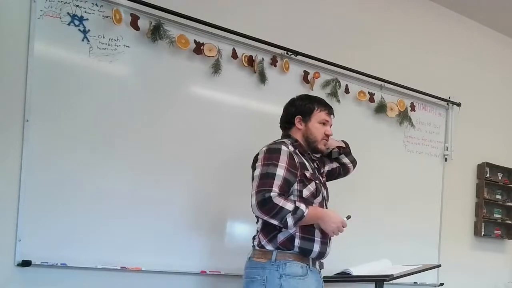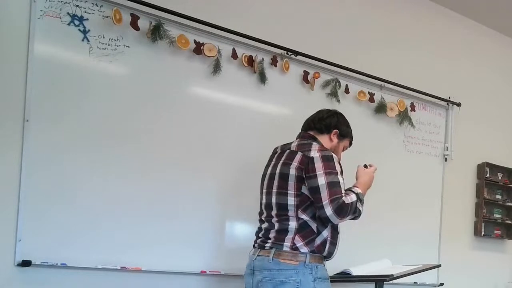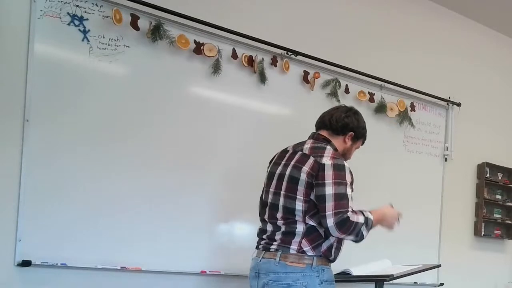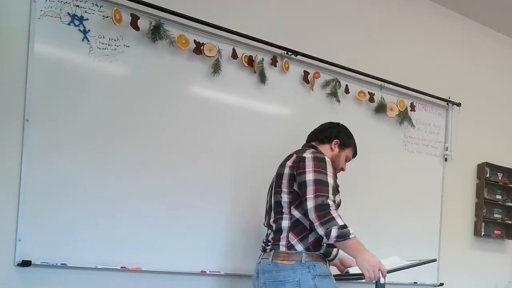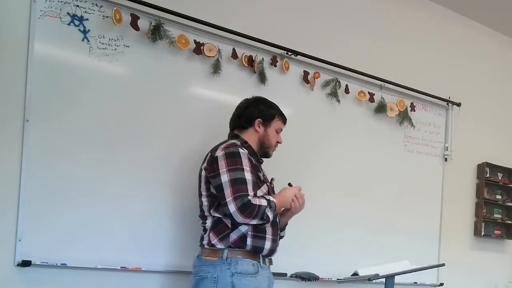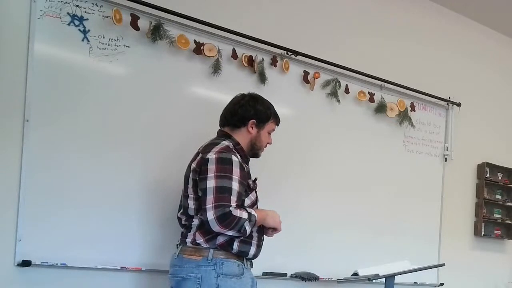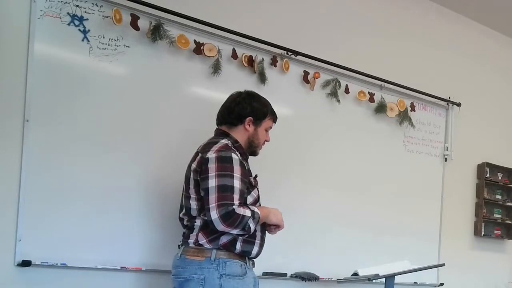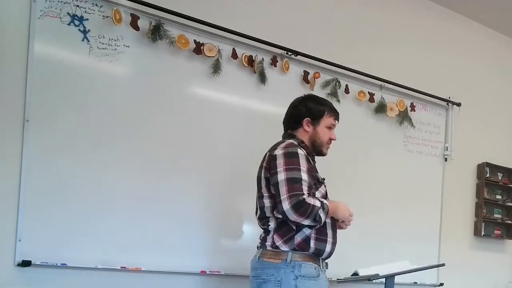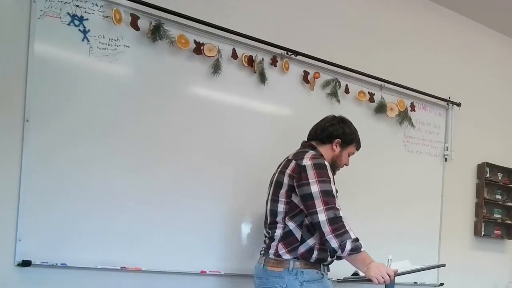Whom is never used as a subject of the clause. So in the second one, ask not for whom, for whom is the direct object. Which is a little bit odd, but whom is always used as a direct object or object of a preposition, in situations where who would be the subject.